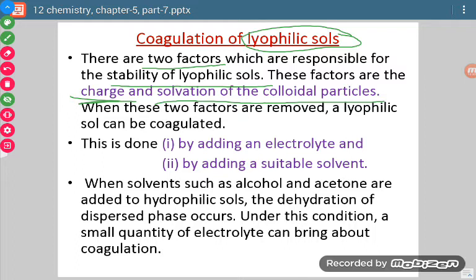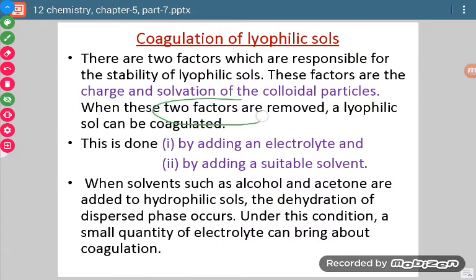Okay, now if by some method we can remove these two factors, then the lyophilic sol will become unstable and it will get coagulated. Now how can these two factors be removed? First of all, we add a suitable solvent.